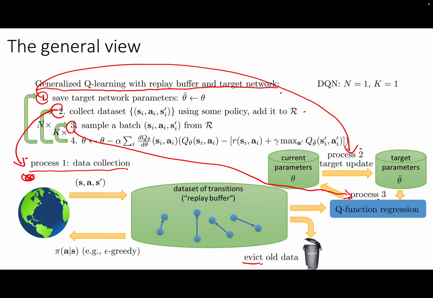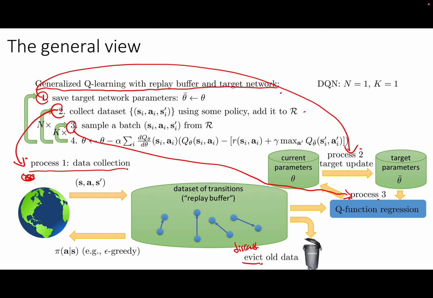Evict means discard, remove. So we remove all data in our replay buffer. So there are three processes in our general view of Q learning. The first one is we try to collect data using our replay buffer from our own Q learning network or some off-the-shelf Q learning network in any way, or just a random action, anything.